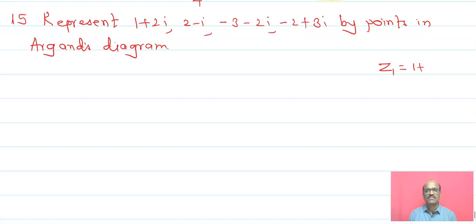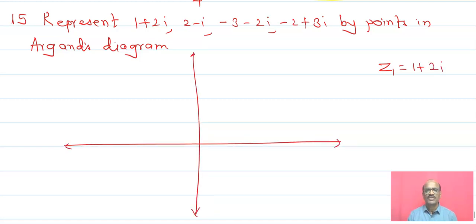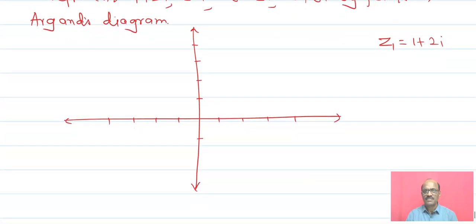Now the first point is z1, which is 1 plus 2i. Now you draw the graph on the graph paper. I have drawn it roughly here. That is z1, 1 plus 2i. Note the points 1, 2, 3 on both axes.